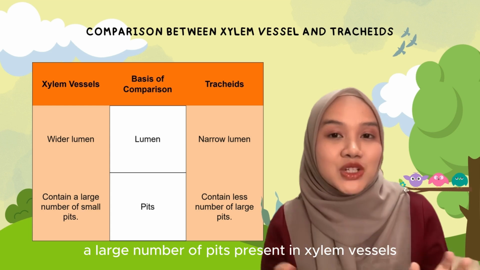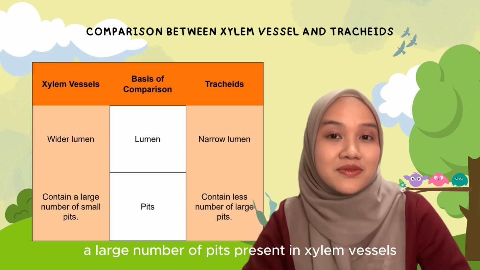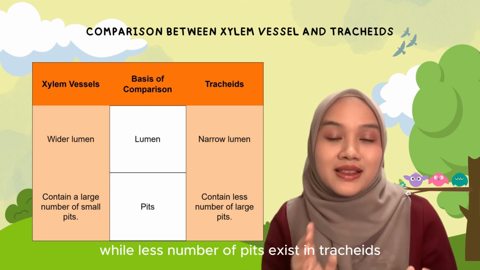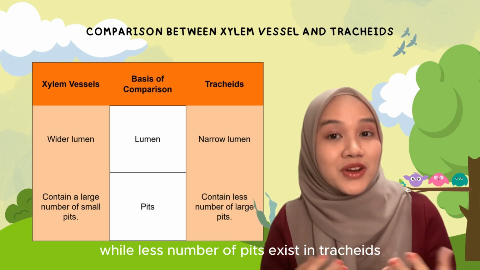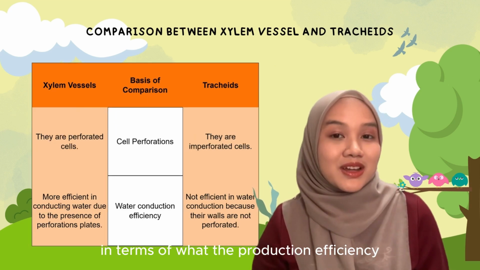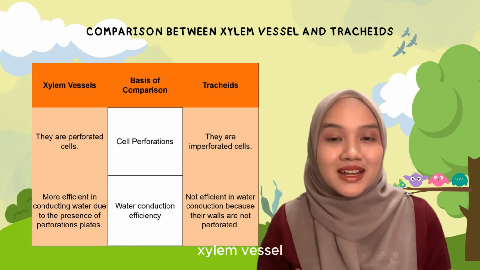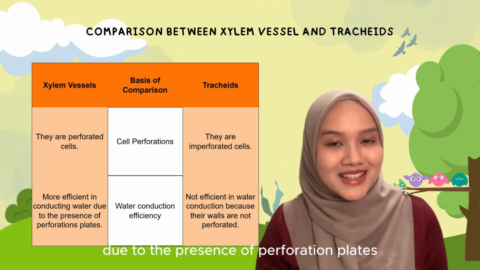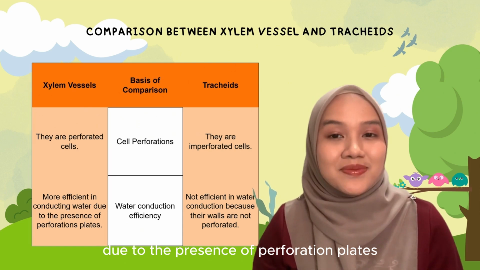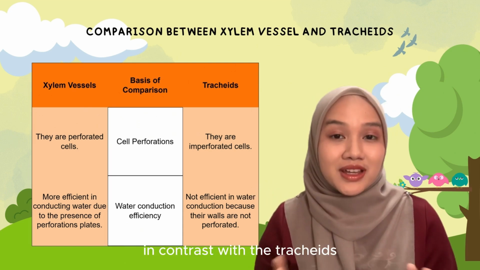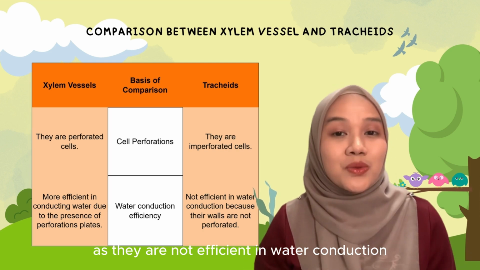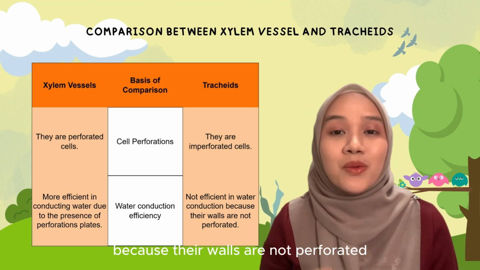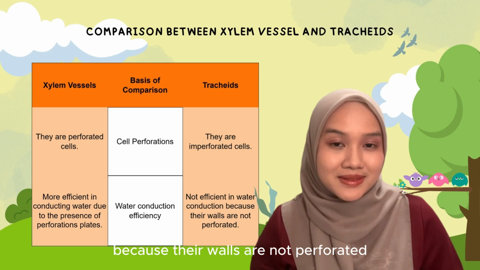However, a large number of pits are present in xylem vessel, while fewer pits exist in tracheid. In terms of water conduction efficiency, xylem vessels are more efficient in conducting water due to the presence of perforation plates. In contrast, tracheids are not efficient in water conduction because their walls are not perforated.